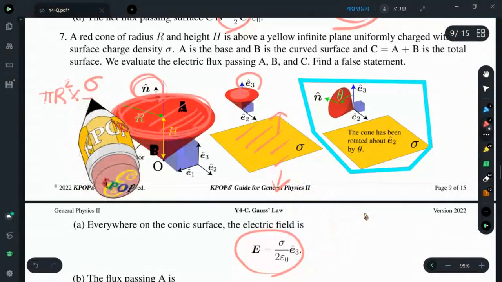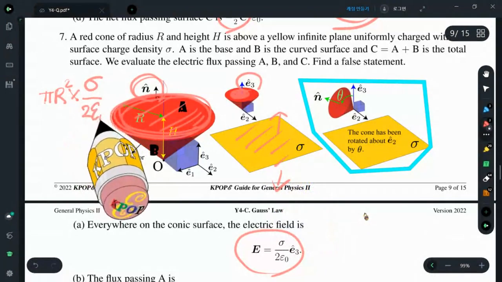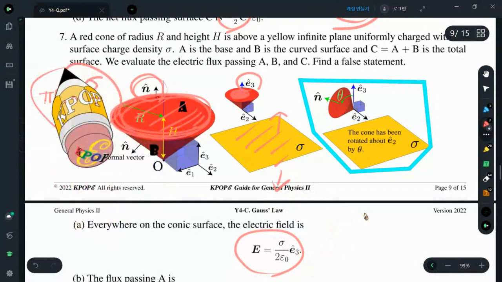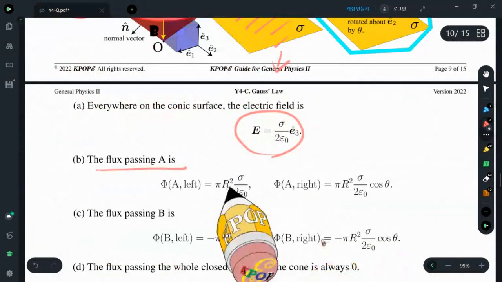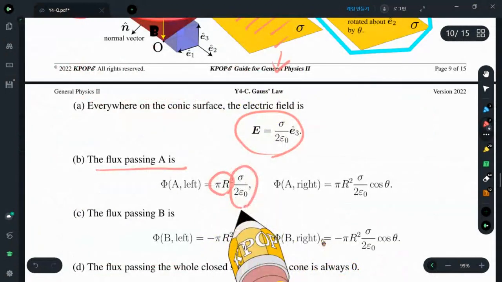The electric field is sigma over 2 epsilon 0. So pi r squared sigma over 2 epsilon 0.